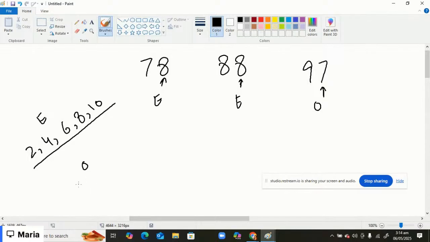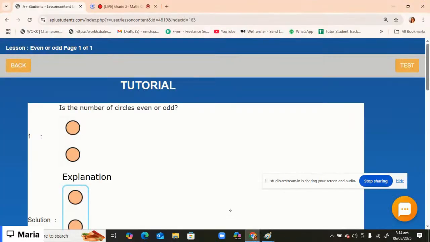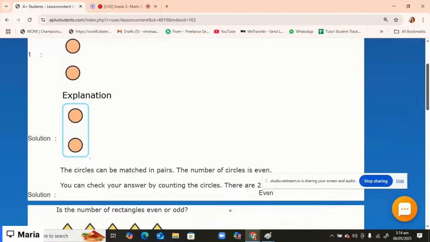And if I'm talking about the odd, 1, 3, 5, 7 and 9. Okay? Understand? When you understand these numbers, then you are able to solve the even or odd questions. Okay, now let's go back to the questions.